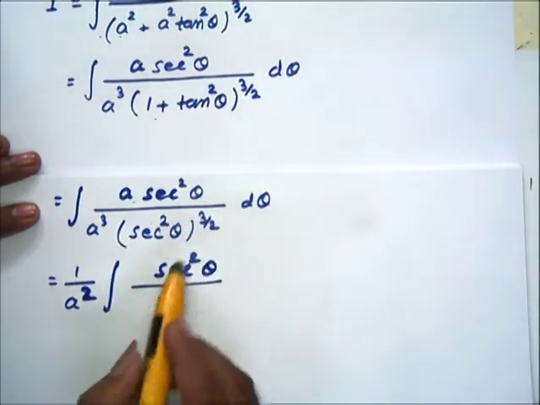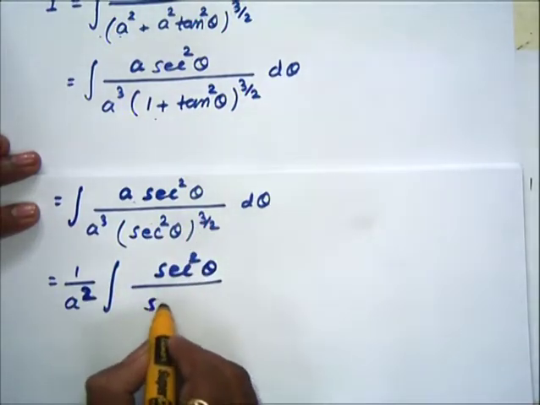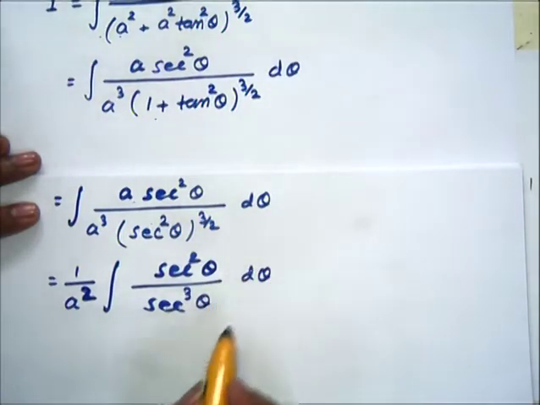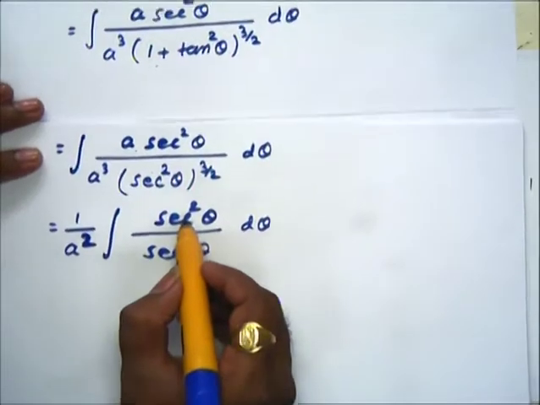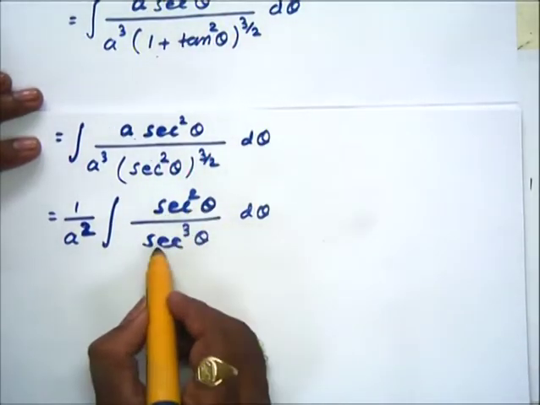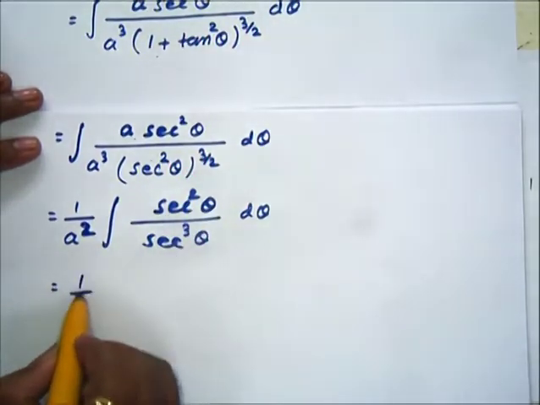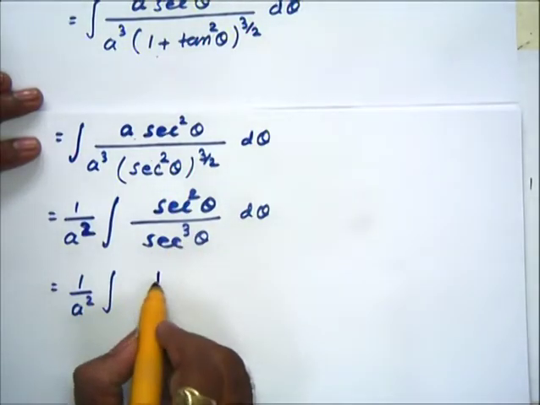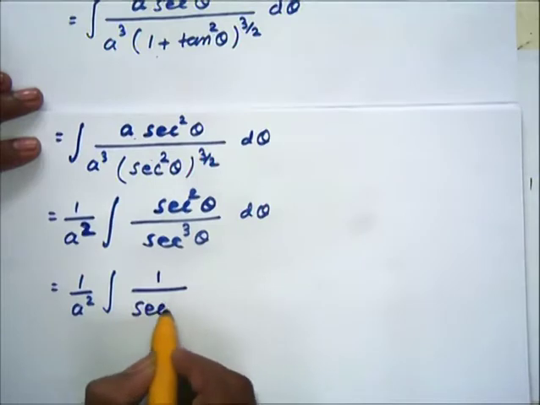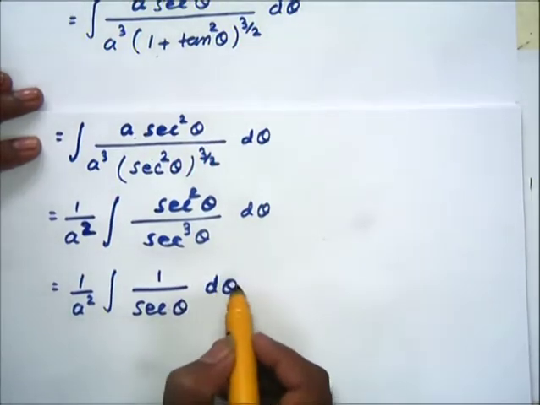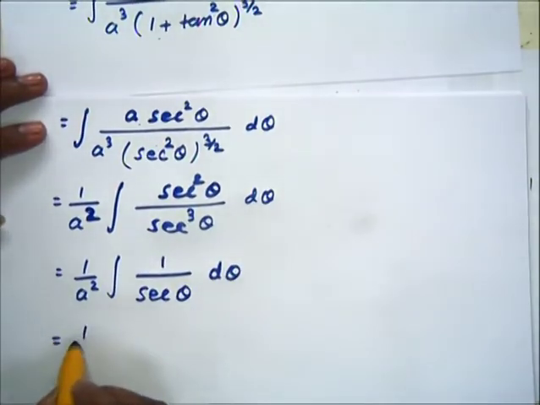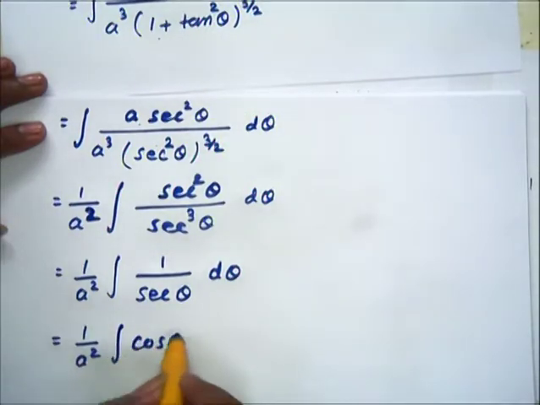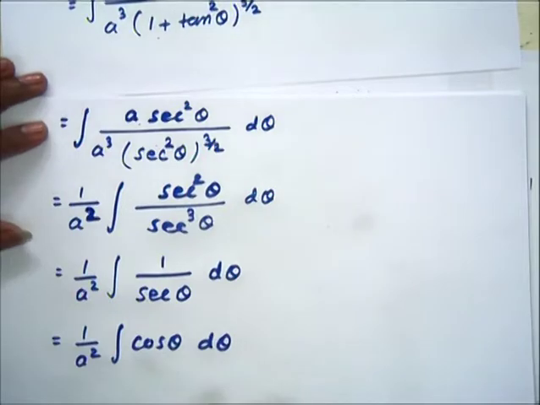This 2 will be cancelled out. So the answer is sec cube theta d theta. Now you can see that this is sec square theta, this is sec cube theta. So 1 upon a square integration, sec square will be cancelled out. So 1 upon sec theta d theta. 1 upon sec theta is nothing but cos theta d theta.